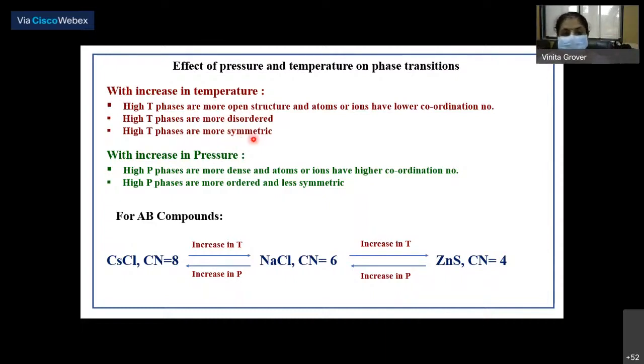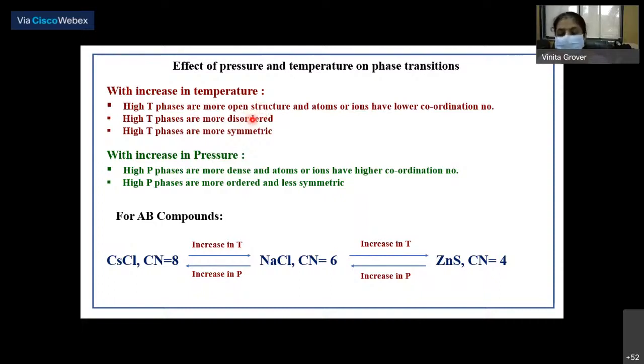When I go to order-disorder, I'll make that clear again, but you have to be very, very clear about this once I teach you that ordering and symmetry are different things. People tend to confuse them. Disordered does not mean lower symmetry.